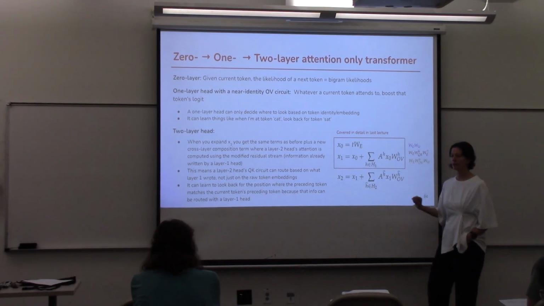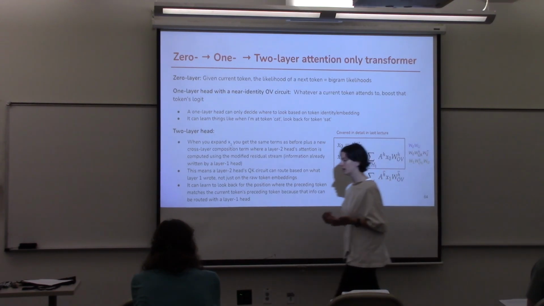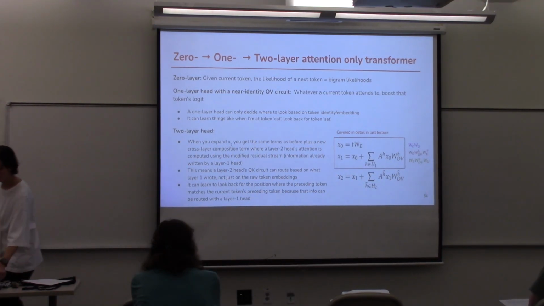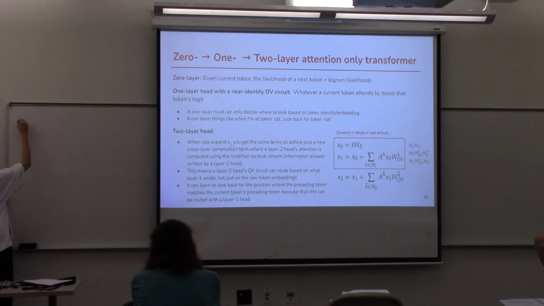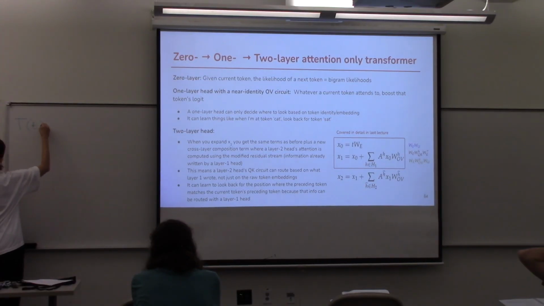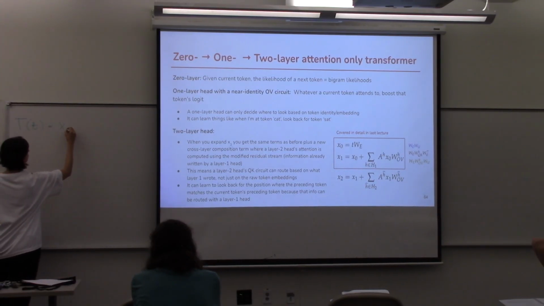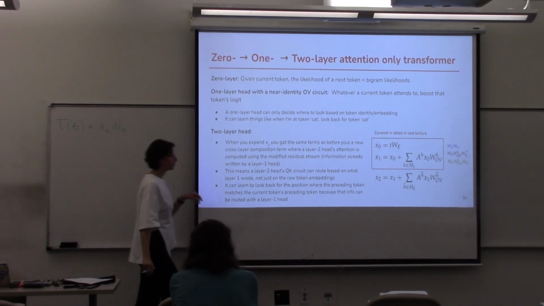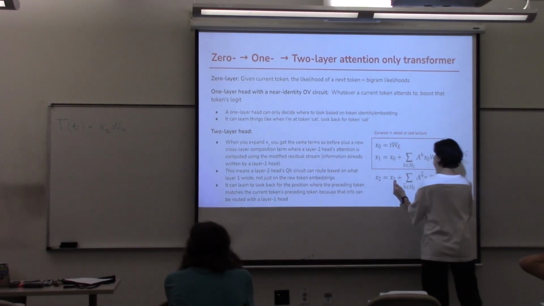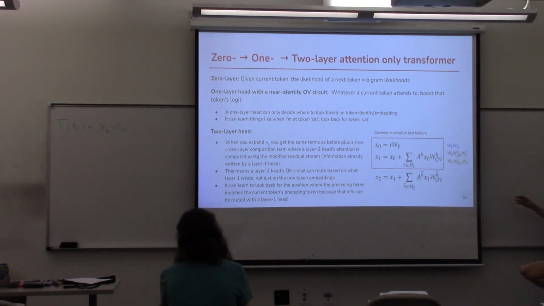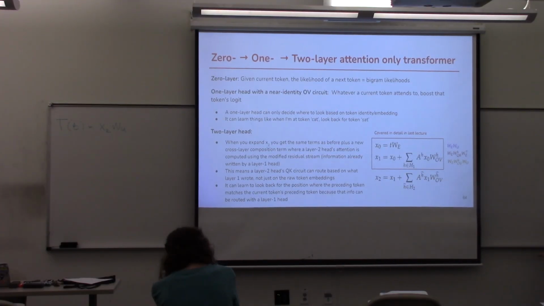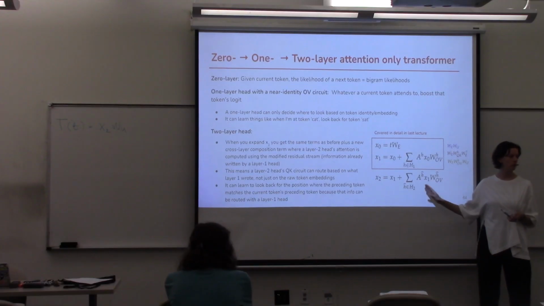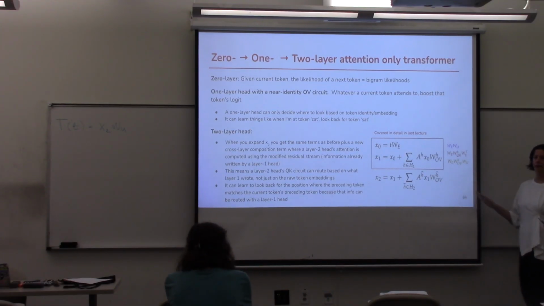I didn't write it here, unfortunately, but we would calculate the logits, so we would have t equals x2 Wu, where Wu is my unembedding matrix, multiplied with all of this. Probably you can see why I don't want to write all of that on the whiteboard. We would need to expand and expand and expand, and eventually we would get something so wide it would barely fit on the whiteboard.